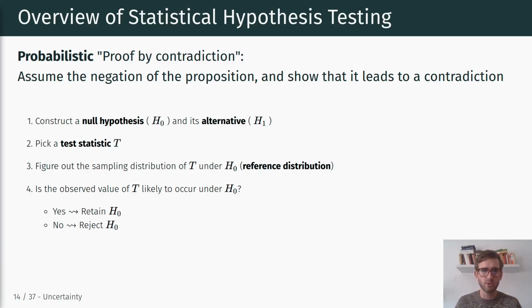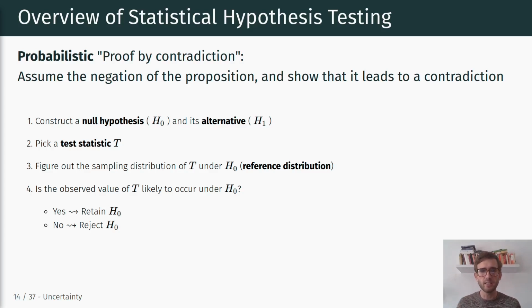If the observed value was likely to occur, given that the assumed null hypothesis was true, then we have to retain our H0. If the observed value of T in our sample is unlikely to occur under the null hypothesis, then that leads us to reject the null hypothesis. Okay, and of course this sounds somewhat abstract.